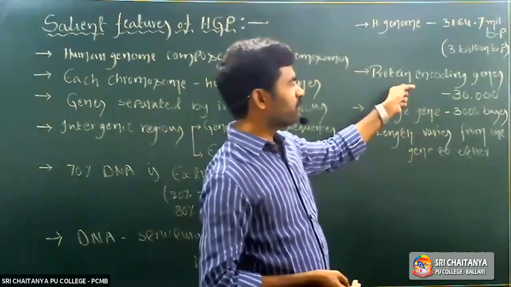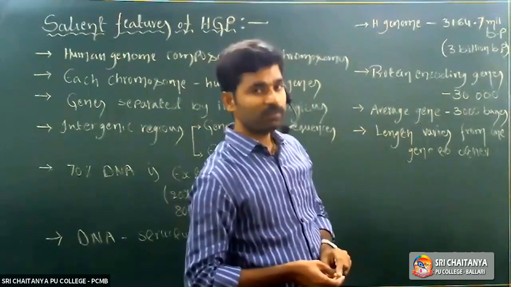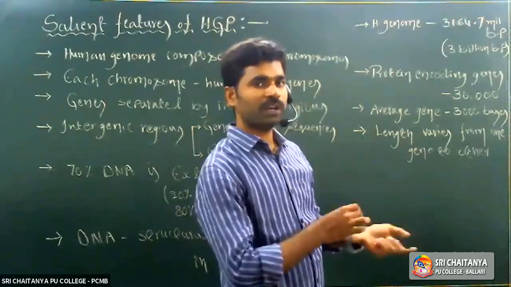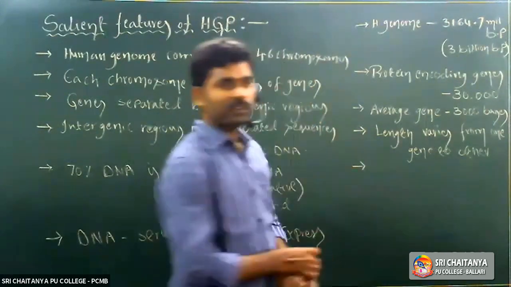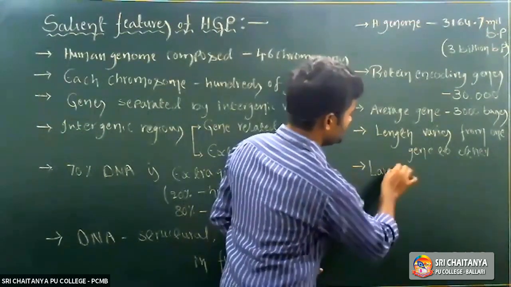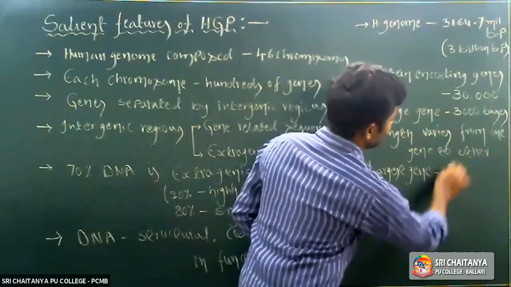In that, protein encoding genes are 30,000, right? The average gene consists of 3,000 bases. The length of a gene varies from one gene to another. For example, you can take the largest gene. The largest gene is dystrophin.